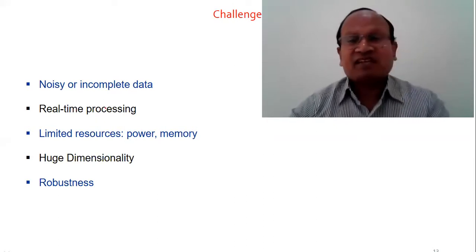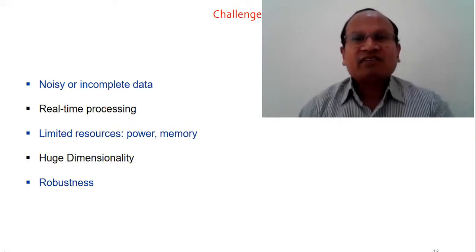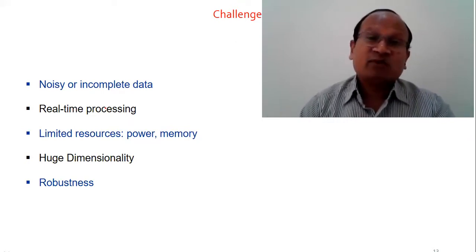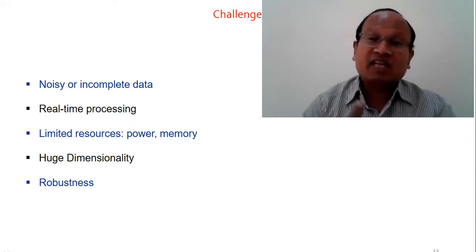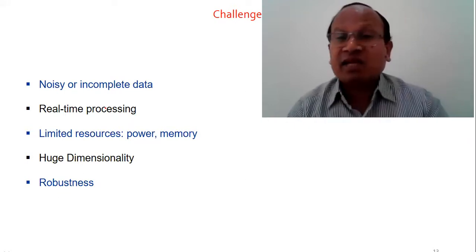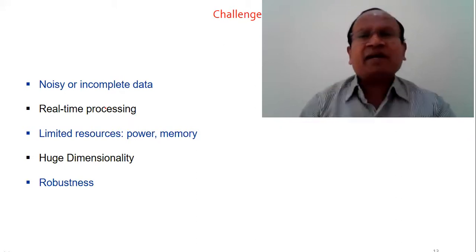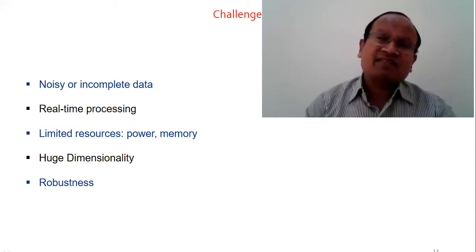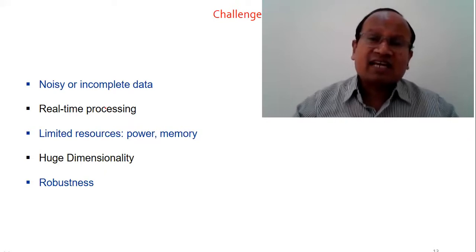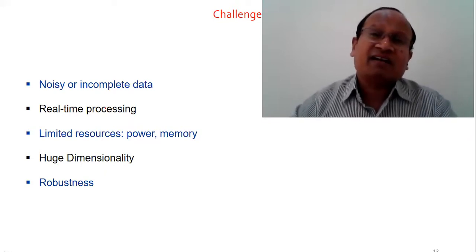Real-time processing. When I talk about the driverless car, why does it require a deep learning kind of machine learning method? Because it has to deal with real-time data. So when real-time data is there, the real challenge is in working with it.